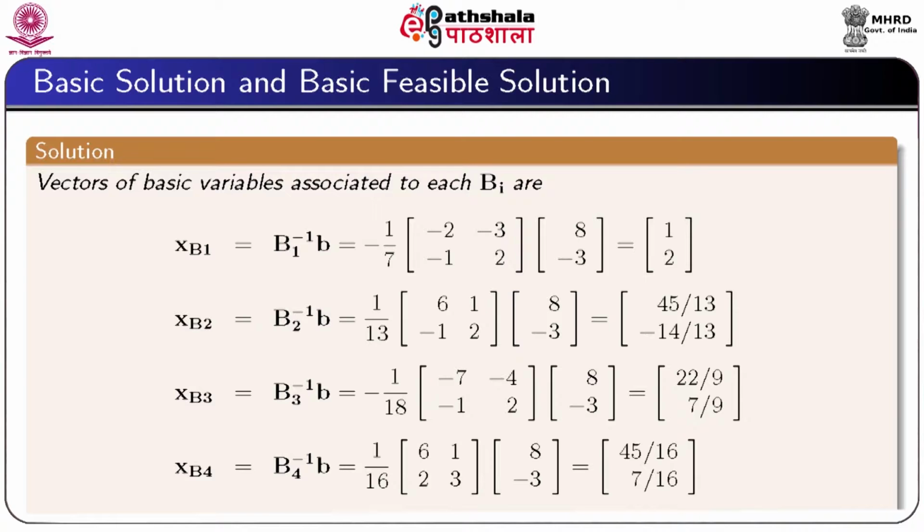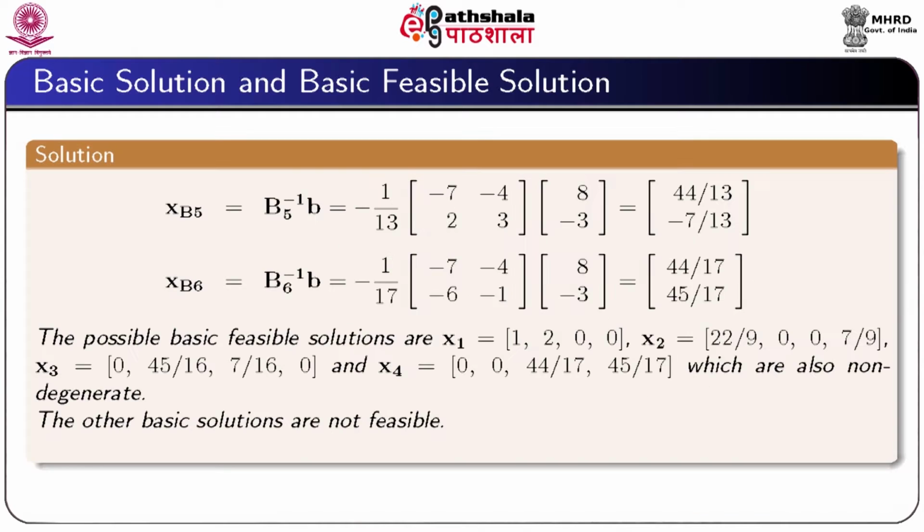XB1 = B1 inverse b, which can be obtained as (1, 2). XB2 similarly can be obtained, XB3, XB4, XB5 and finally XB6.